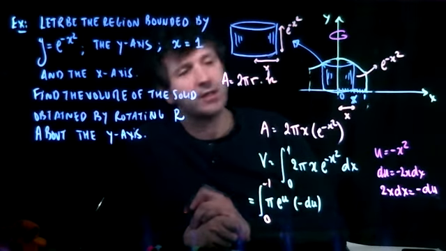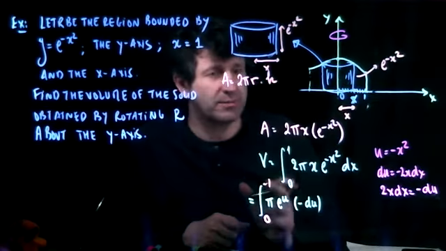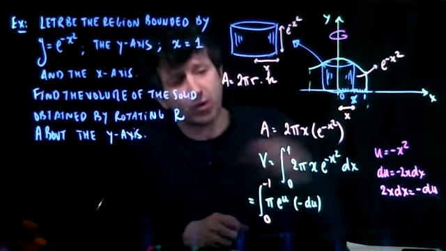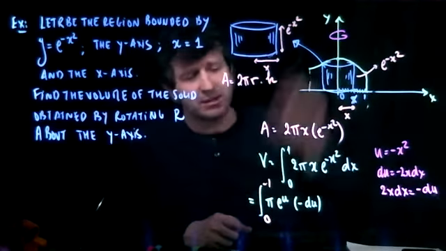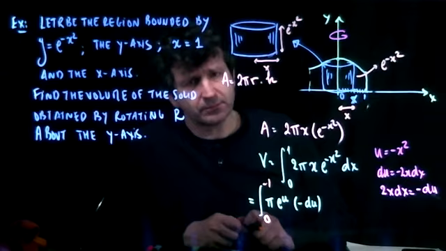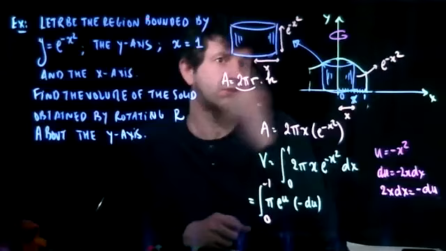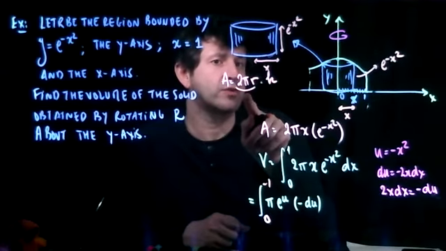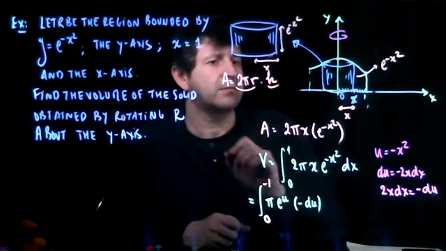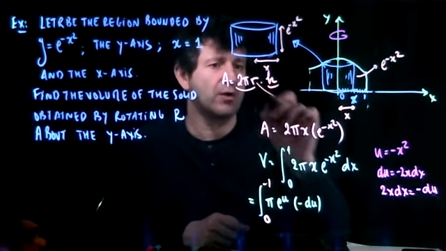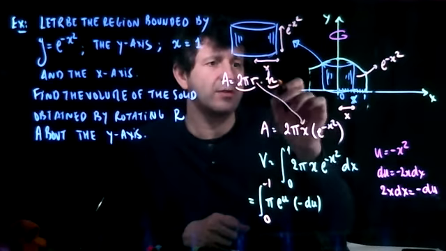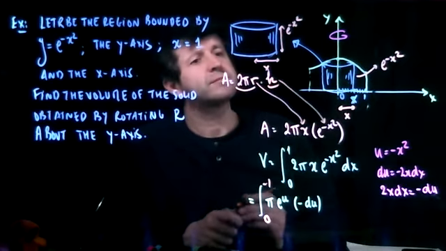Lateral area of any prism is always the perimeter of the base times the height, always. Perimeter of base, which in this case is a circle, so it's the circumference of the circle times the height. And so the r is in my case x, and the height in my case is this.